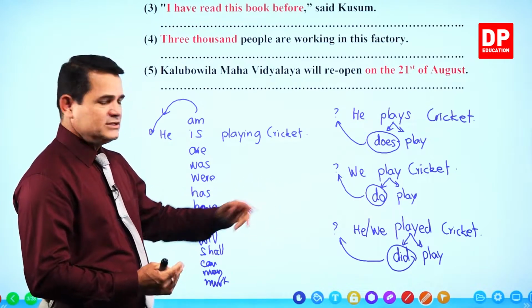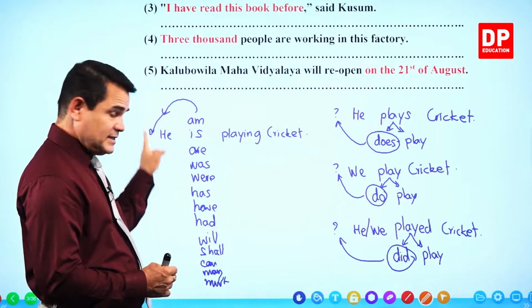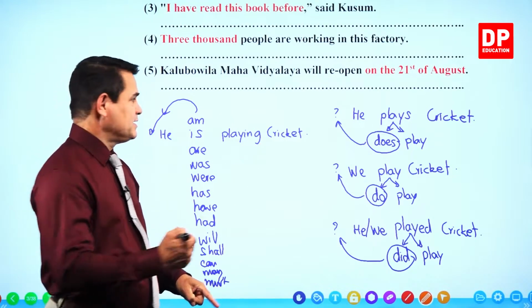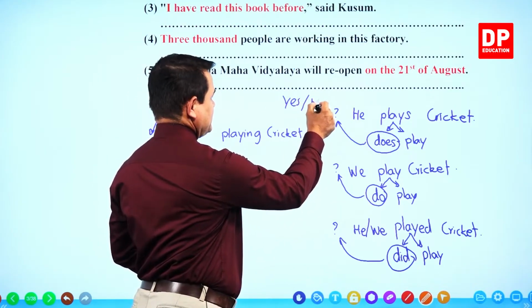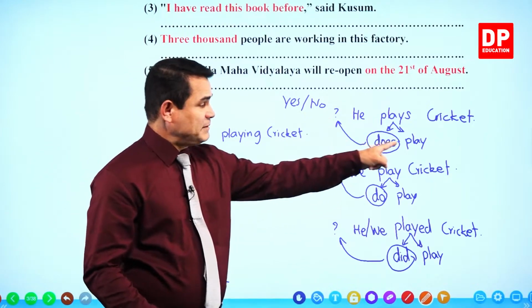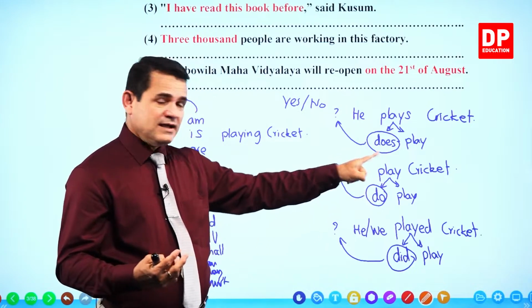Now for all these questions, just have a look at this. He is playing cricket. Is he playing cricket? What is the answer? It can be yes. එහෙම නැත්නම් no. Yes or no. Or does he play cricket? Yes. Do we play cricket?